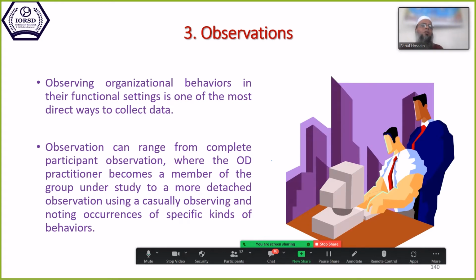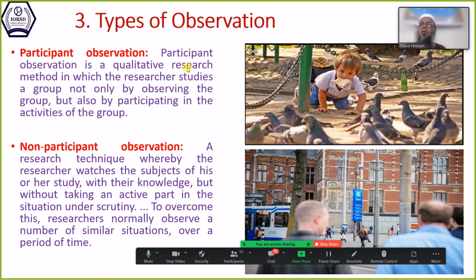Another way of collecting data is observation. Observing organizational behaviors in their functional settings is one of the most common ways. Observation can range from, for example, the supervisor observing whatever you are doing. This is participant observation, when the researcher is part of the respondents.